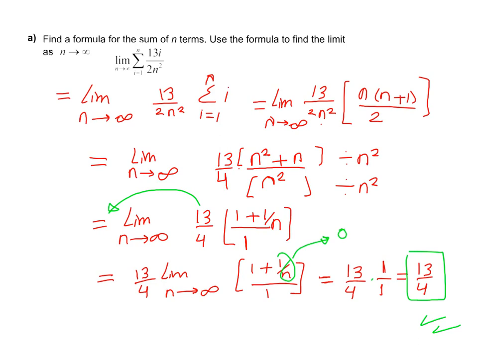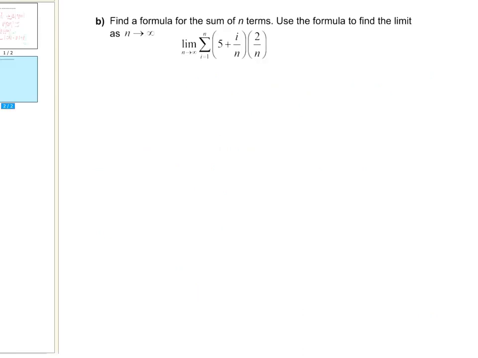Let's go to the second part. In this case, we want to find the limit of the sum, as n approaches infinity also, of 5 plus i over n times 2 over n.